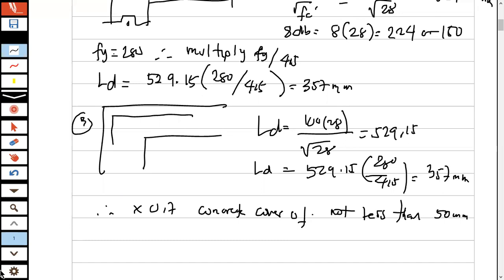If it's less than, hindi na kailangan. If not less than 50 millimeter, actually mga 40 millimeter lang naman kadalasan na cover. Minimum concrete cover is 40. Kung ibig sabihin kung 40, di na kailangan ng 0.7. So you just have to multiply, mga case-to-case basis lang to, no? LD is equal to 357 times 0.7.